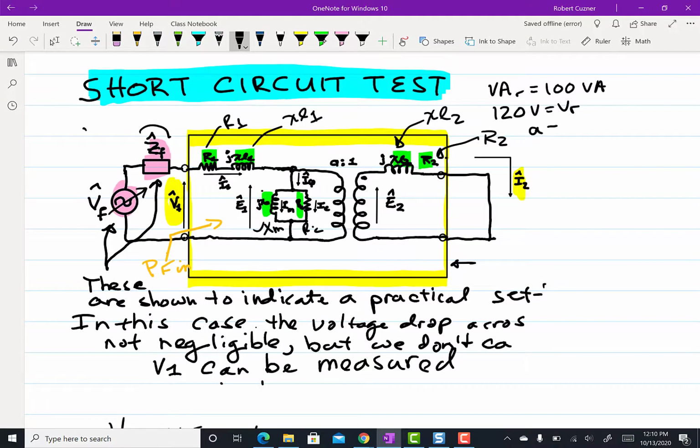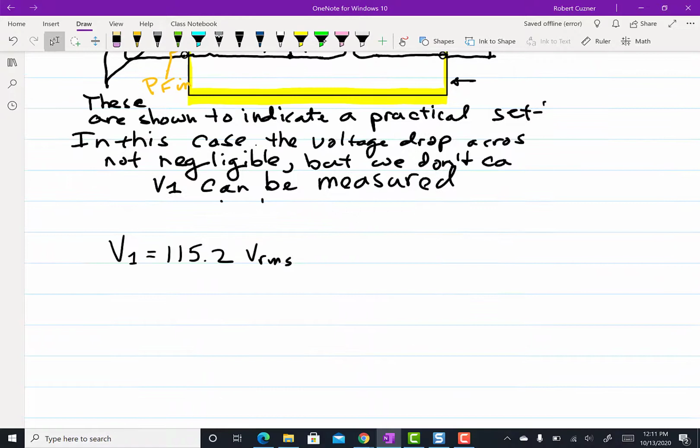We know that we have a turns ratio on this transformer of 3. We found that in our last lecture using this same example. We also are able to measure the input power factor, and it's quite low, 0.2. Under this short circuit condition, it's lagging.